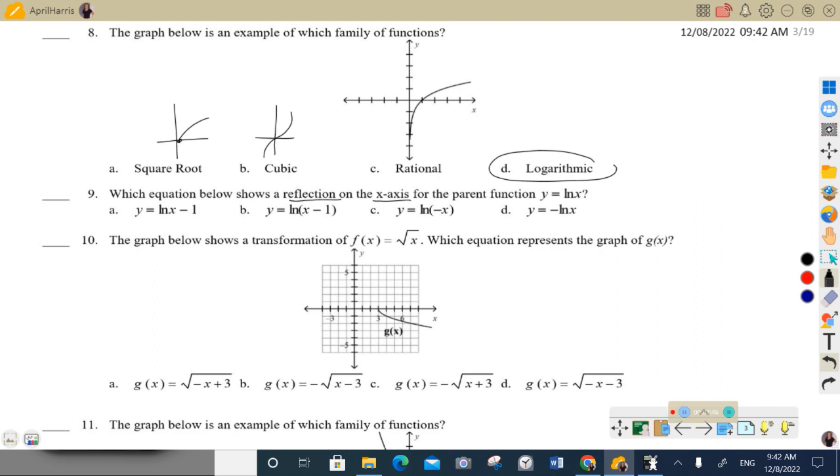No. So I don't want x to be negative, which is this one. All right. D has a negative outside with y. What are A and B? There's subtract 1. This would be down 1, and this would be right 1. Those are translations.